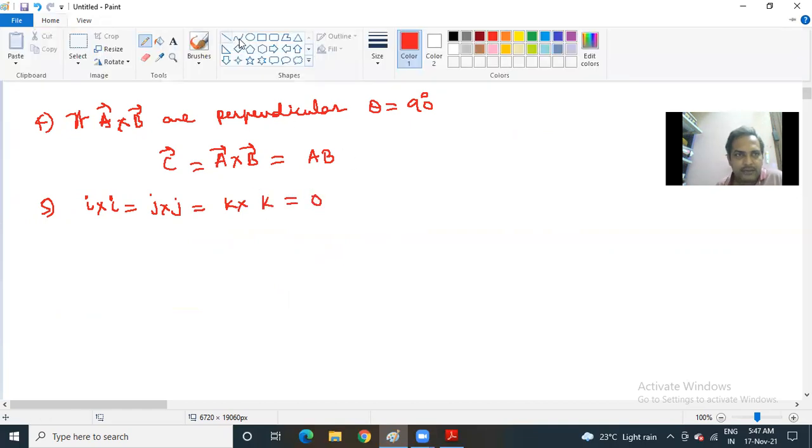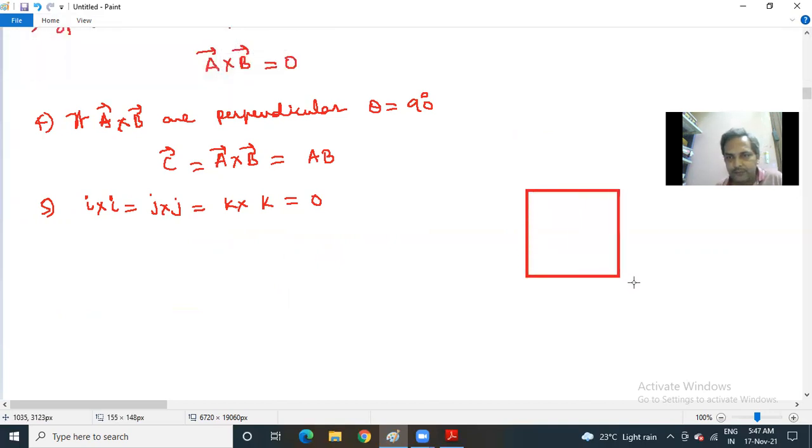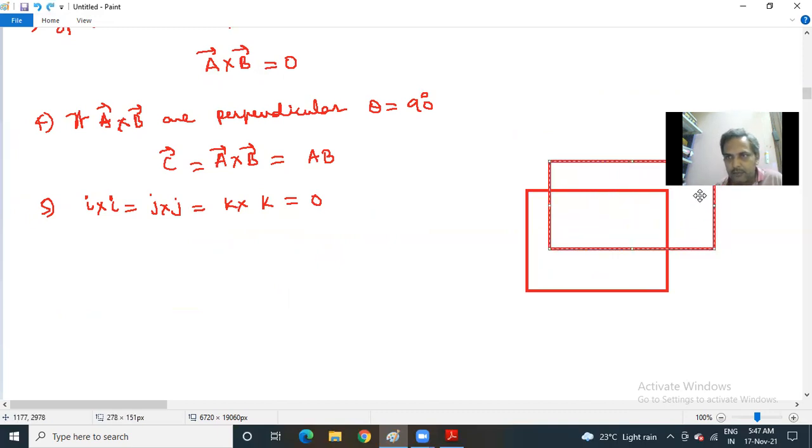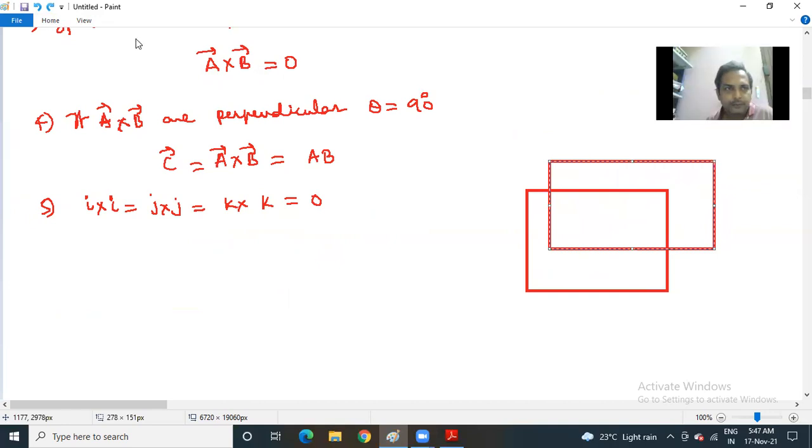Let me once again explain with the help of this diagram.